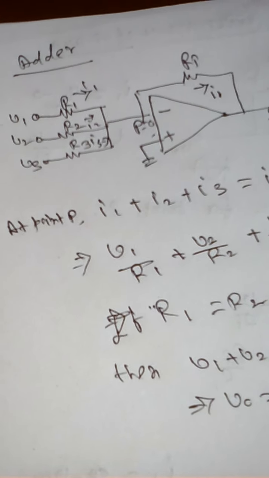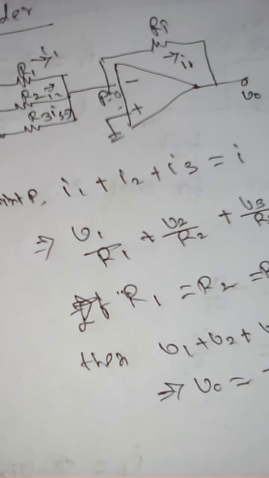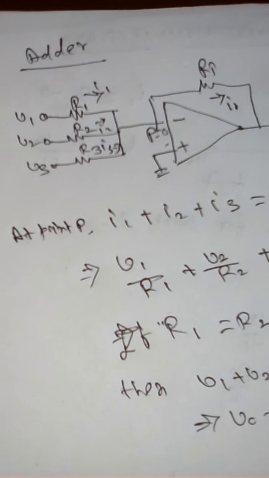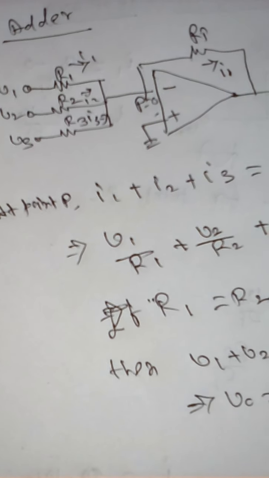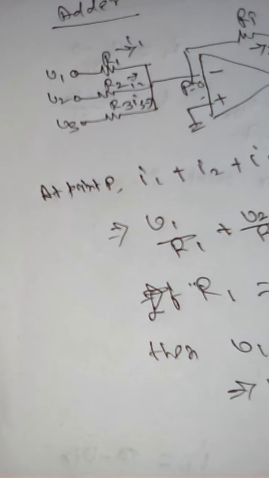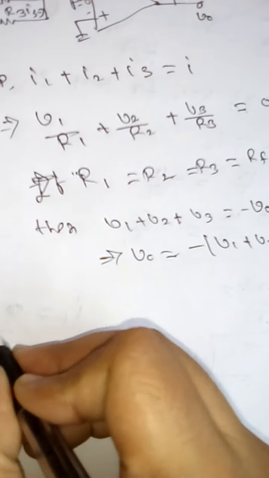So in the adder or summer, we see the voltages are added here. Then if we see the subtractor circuit, what is it for the subtractor?